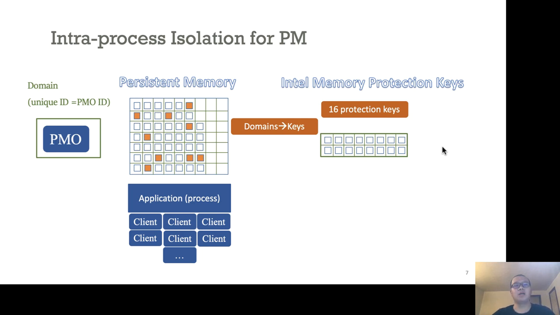So there will be hundreds of active domains that need to be mapped to the protection keys, but due to the limited protection keys, frequently remapping a key from one domain to another domain would lead to a substantial overhead. And we provide two efficient designs to solve this scalability problem.